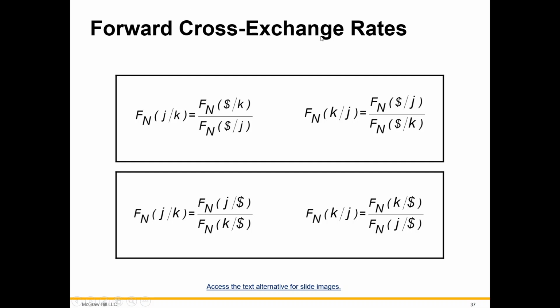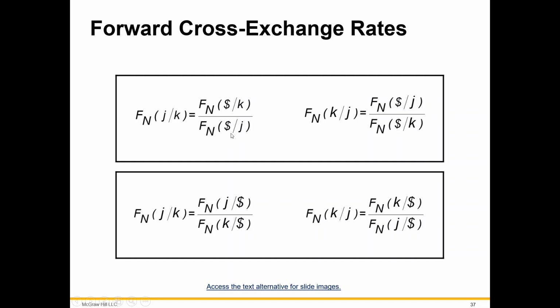All right. So in general, if we're thinking about cross exchange rates, we can do forward J with respect to K, and then use the forward exchange rates in this way. There's a couple different ways to do this. If I want J over K, then I have K over J, right?